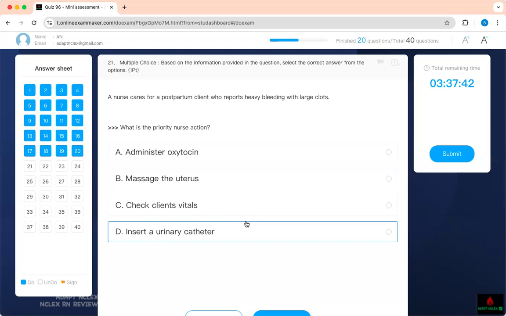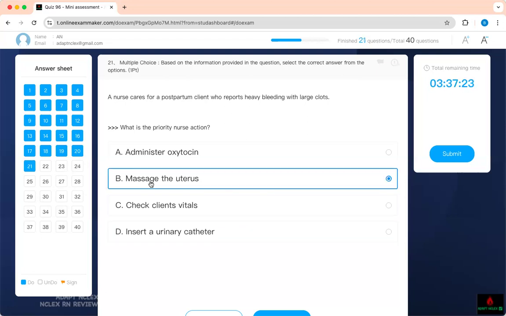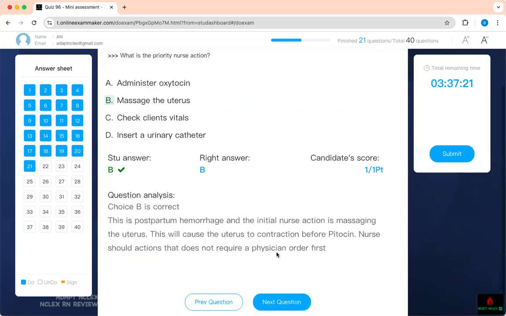Therefore, what do you want to do? Massage, massage, massage. It will take a while for Pitocin to work. Whenever you see a question that says what do you want to do, look at the options. If you, the nurse, can do the thing without needing an order, that is your priority. Massaging does not require an order from the doctor.